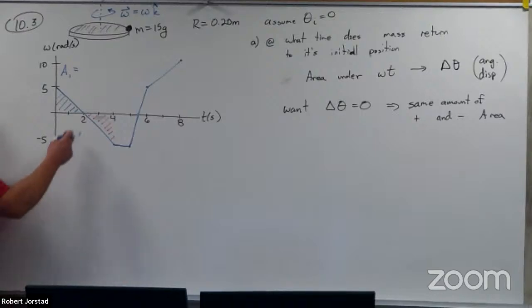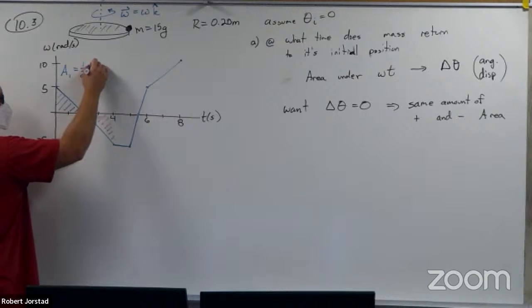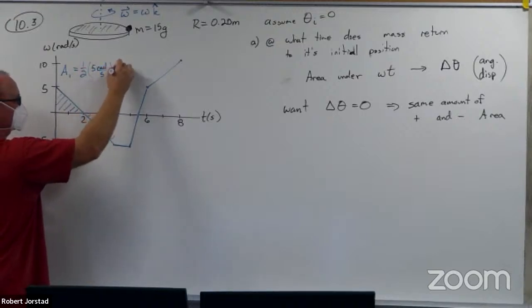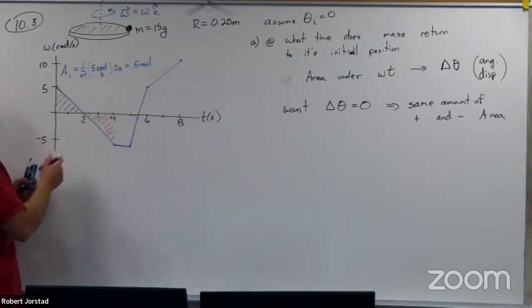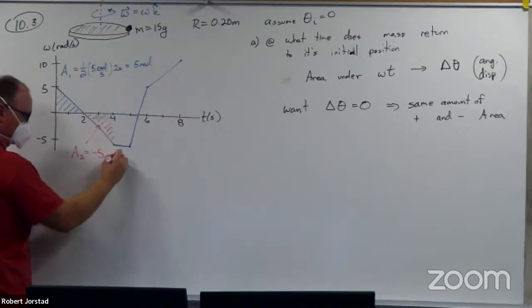Excellent, because the seconds cancels the per second. It's 1/2 times 5 radians per second times 2 seconds. Nice job. Notice what's area 2? -5, because it's below. Excellent.